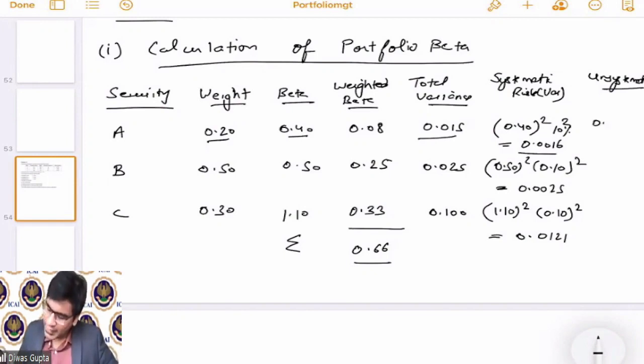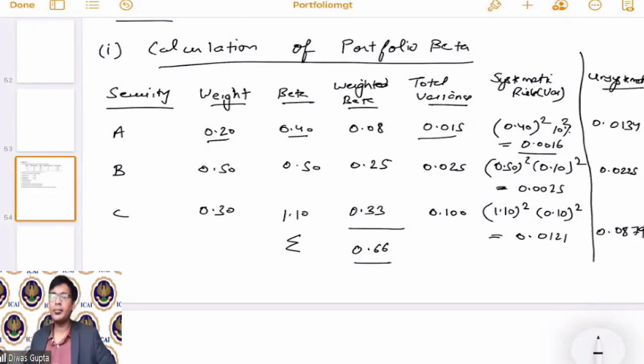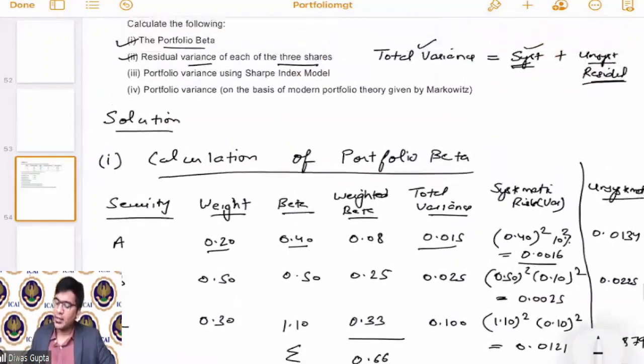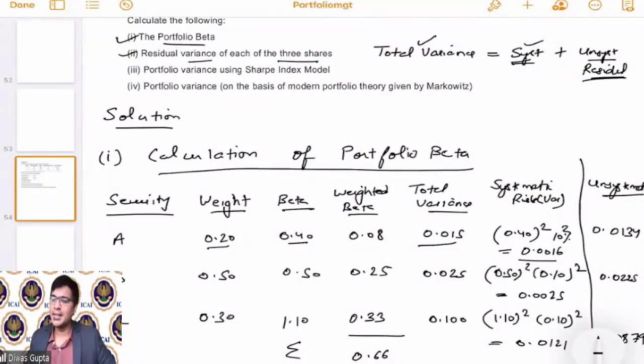So which comes out as 0.0134, 0.0225, and last one is 0.0879. This is the unsystematic risk, or the residual variance. Both the terms are same, whether it is a residual variance or is it a unsystematic risk.